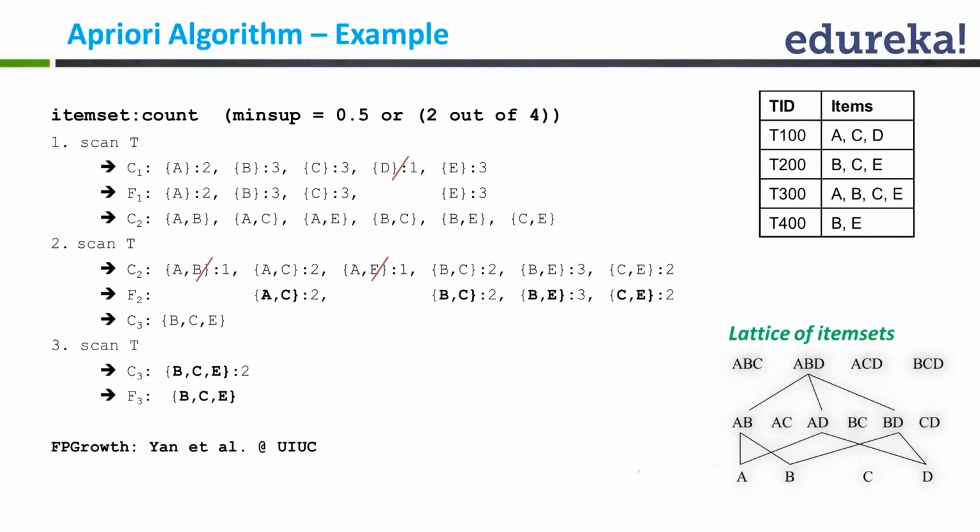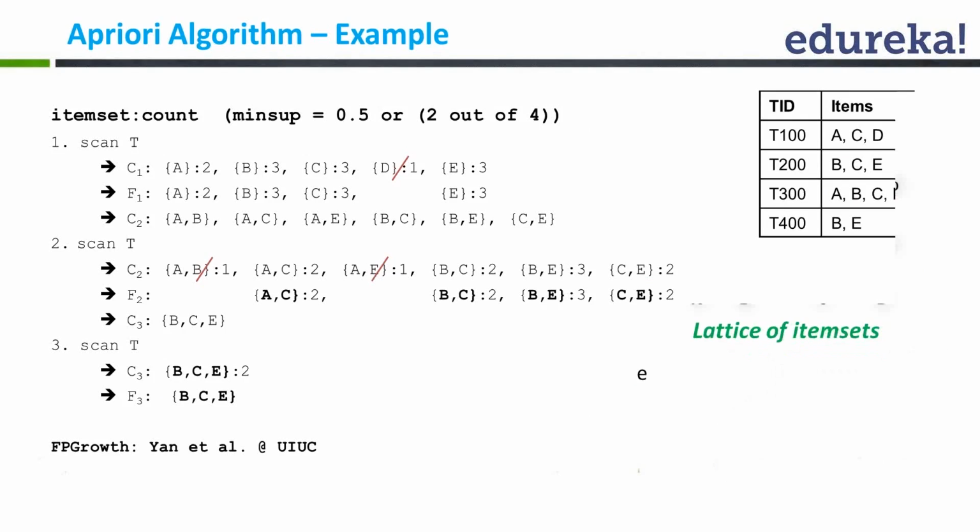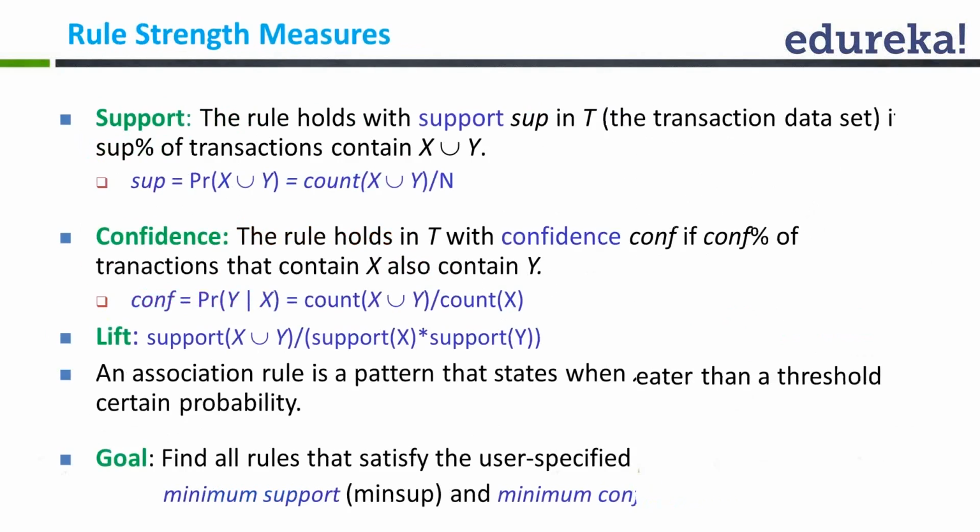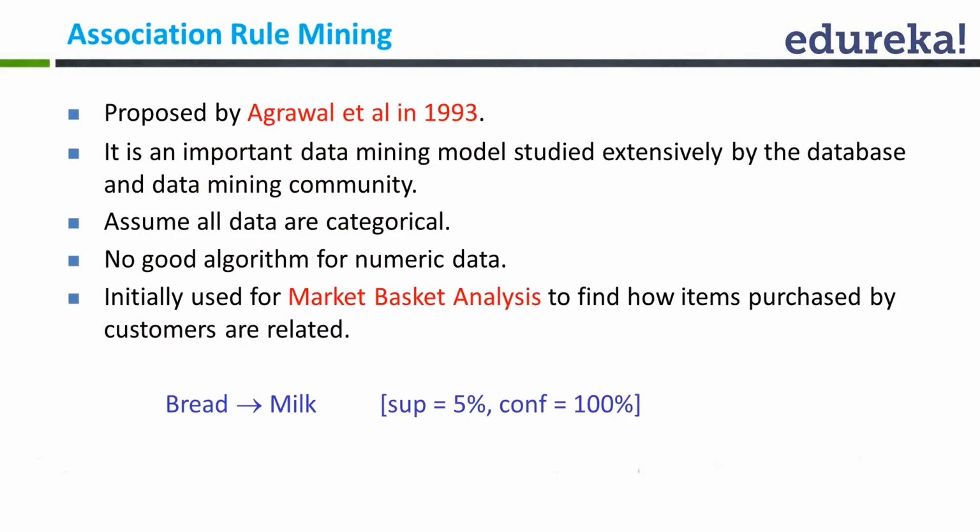Once you compute these frequent item sets, you generate rules from them. So that's the high-level description of the algorithm to compute these association rules. I understand that I'm going very fast for this algorithm.